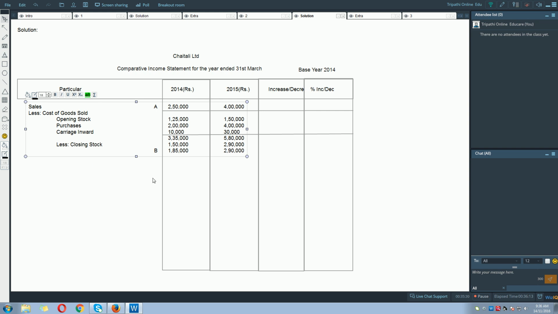Now you will have to subtract and find out B. So in first case, B is 335 minus 150, 1,85,000. And in 2015, 5,80,000 minus 2,90,000, so that will give you 2,90,000.